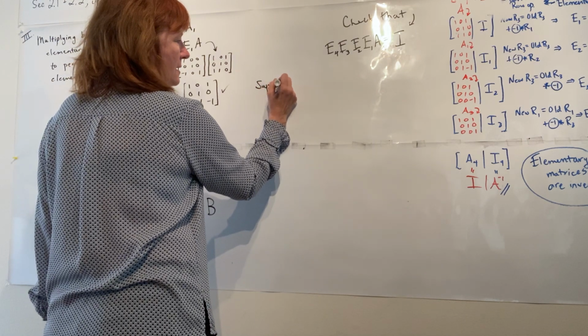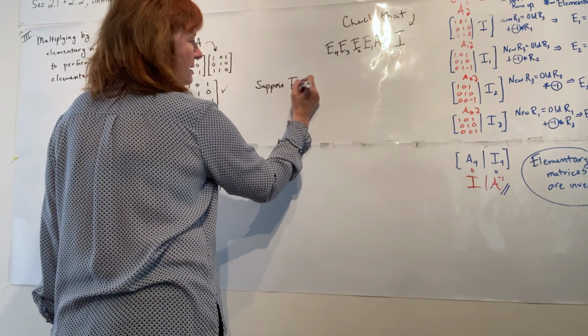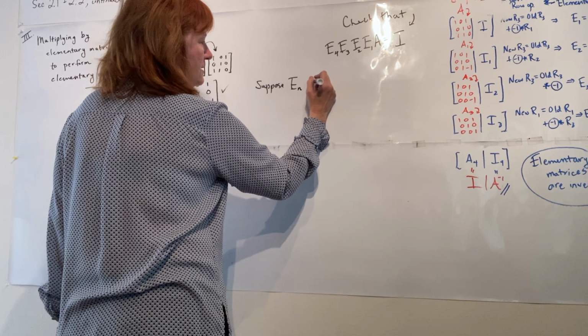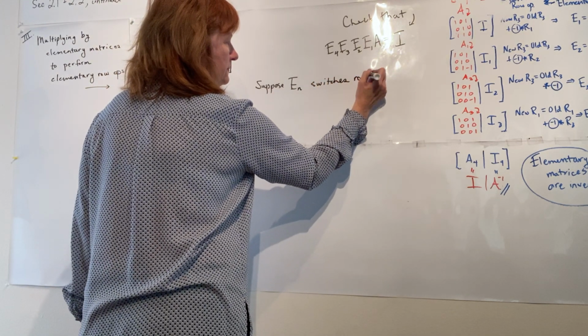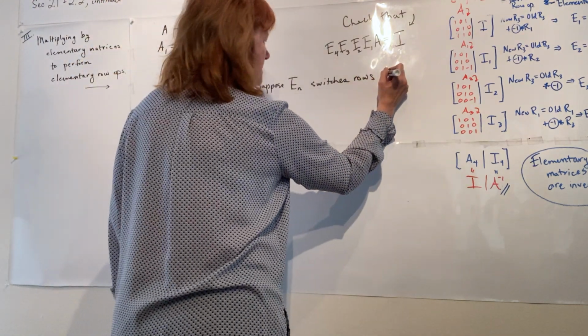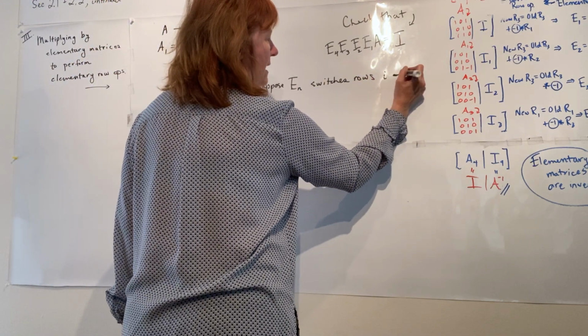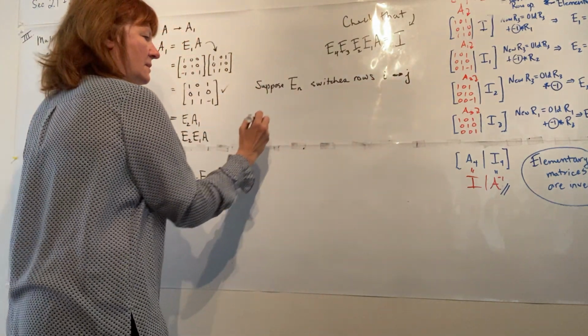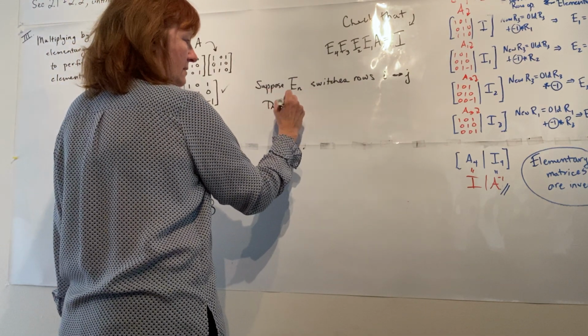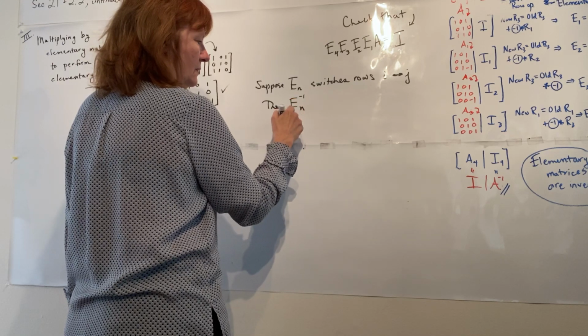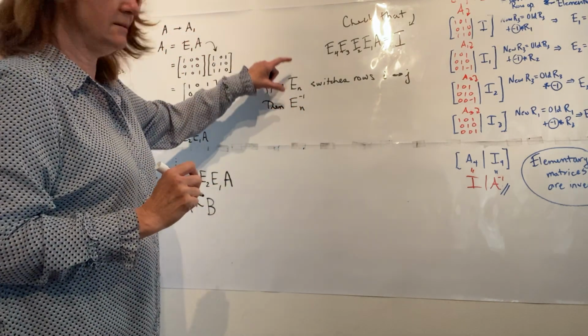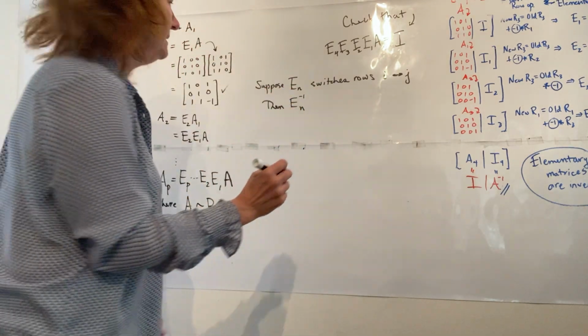So suppose En switches rows. Let's say it switches rows I and J, right? Then what would be its inverse matrix? What would be the matrix that would undo that? We'll switch them back, right?